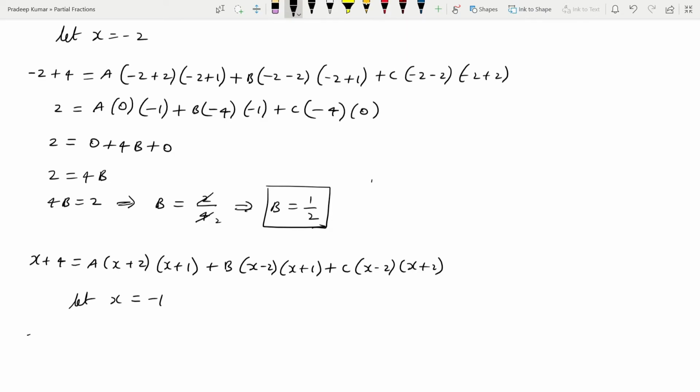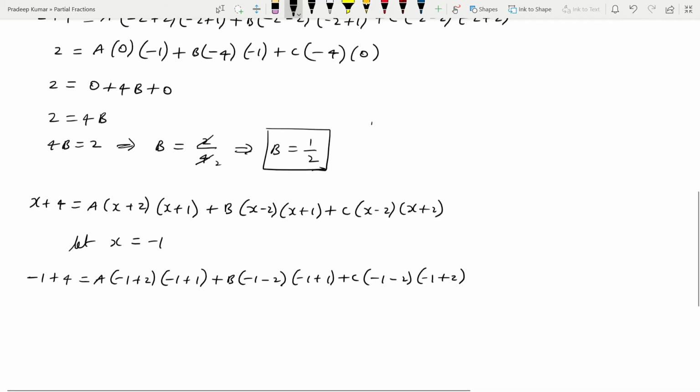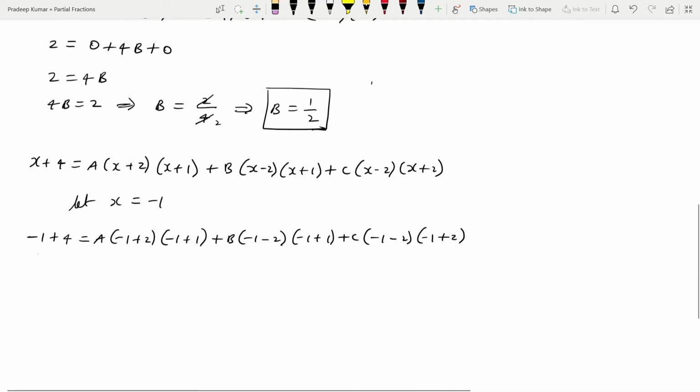So -1 plus 4 is equal to A into -1 plus 2, -1 plus 1, plus B, in the place of x again -1 minus 2, -1 plus 1, plus C, in the place of x -1 minus 2, -1 plus 2. So let's solve this forward, and -1 plus 4 is 3.